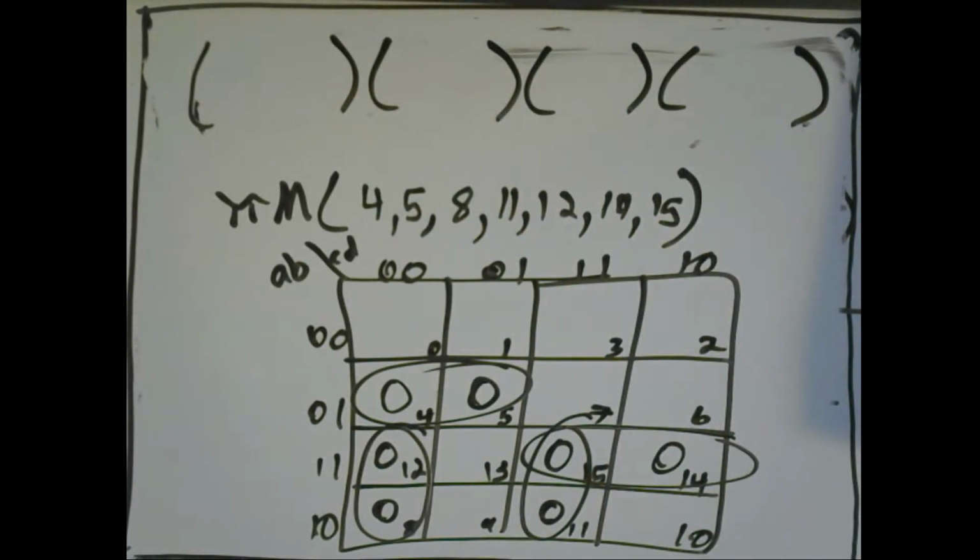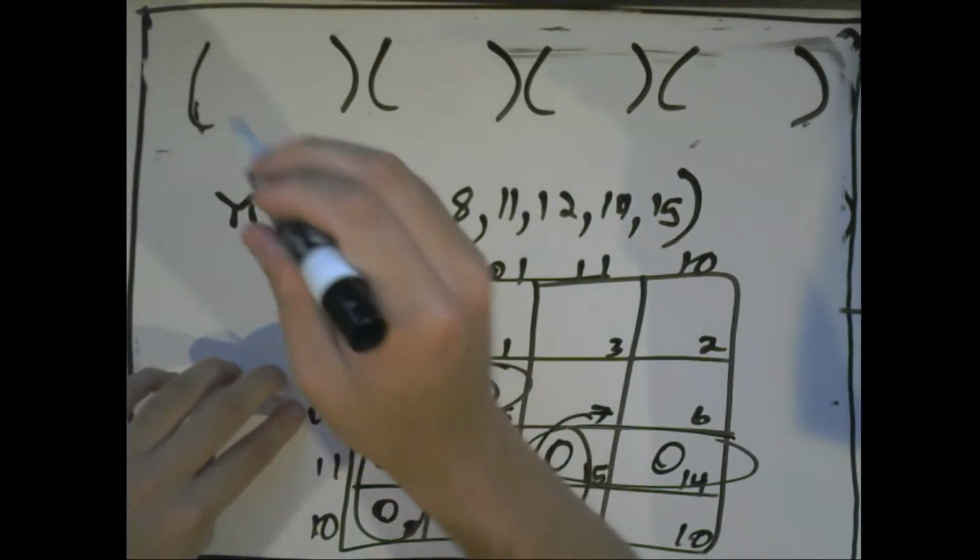All right, so let's try to do this. On this one, we have A and B, and they're not changing.